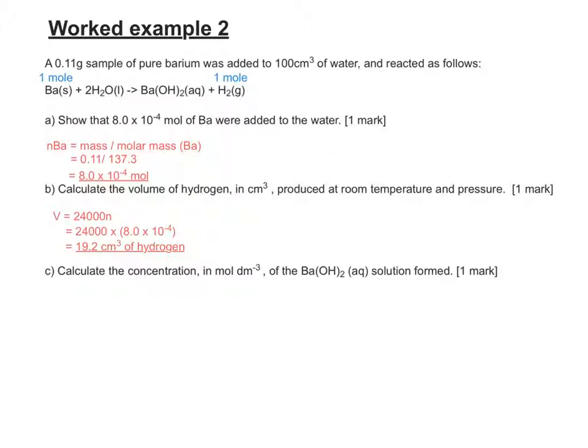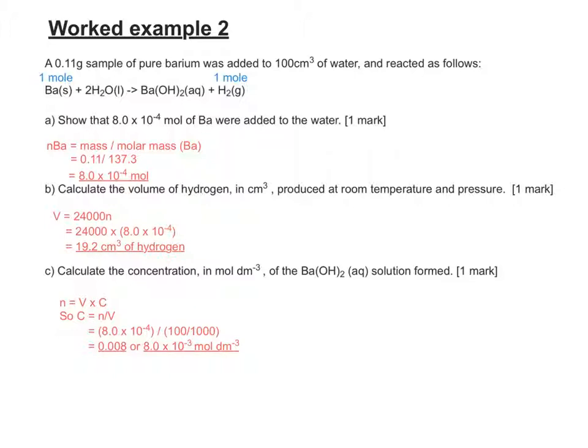So now I know there's a 1-to-1 mole ratio. It means I can automatically assume that the number of moles of hydrogen is also going to be 8.0 times 10 to the minus 4. So because A, they wanted me to do it in centimetres cubed, and B, I know the 1-to-1 mole ratio, I simply multiply 24,000 times 8 times 10 to the minus 4, which gives me 19.2 centimetres cubed of hydrogen.